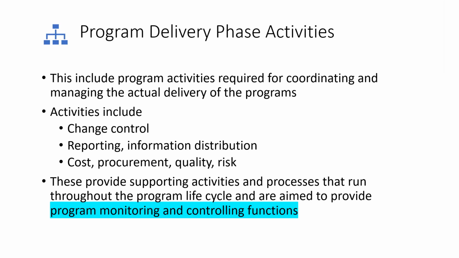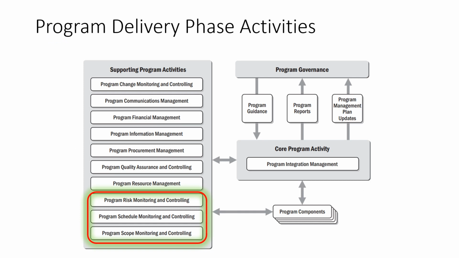Essentially, program delivery phase activities are aimed to provide program monitoring and controlling functions. We know that there are 10 supporting program activities as part of program delivery phase activities. We have already discussed the top 7 activities in my previous 3 videos.